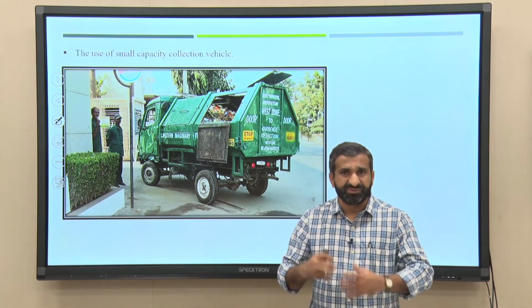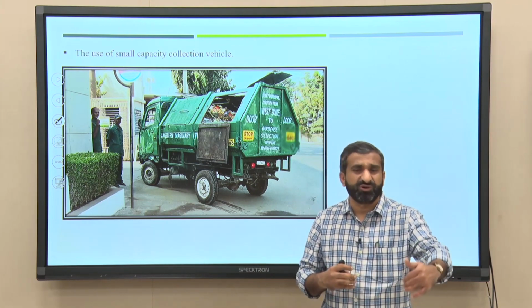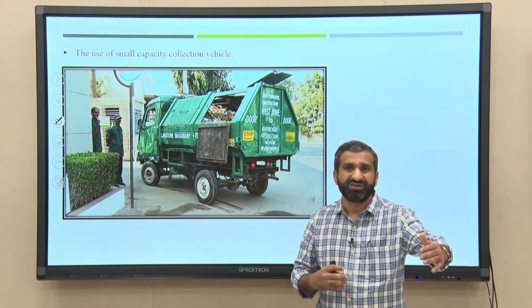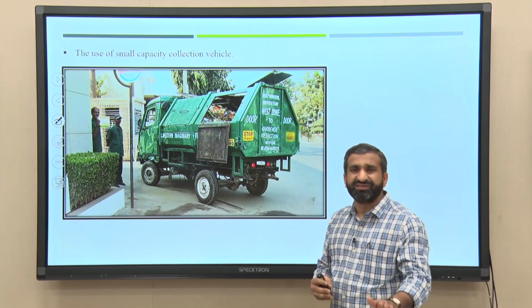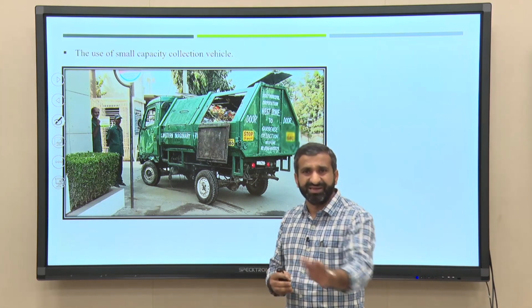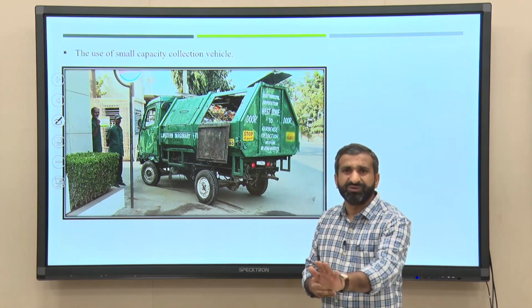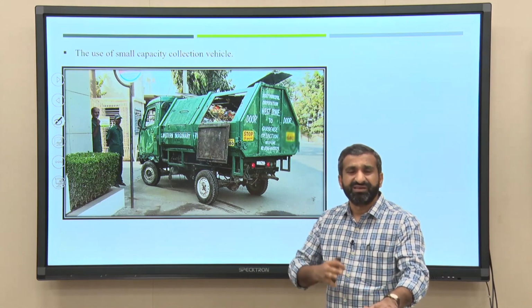If such a vehicle travels on a smaller road, it is very difficult for it to be transported on such roads. And nobody likes such big vehicles in their nearby or neighboring area.